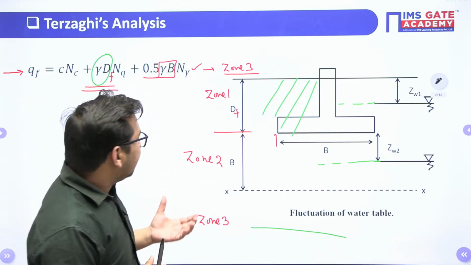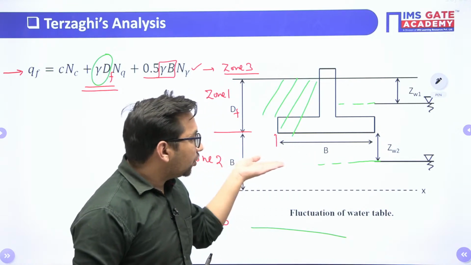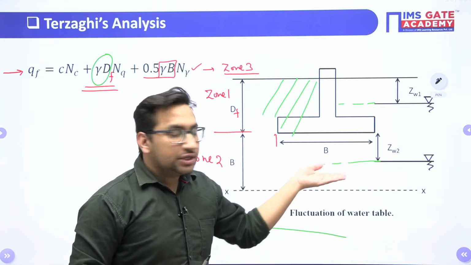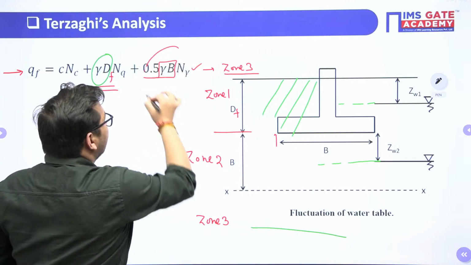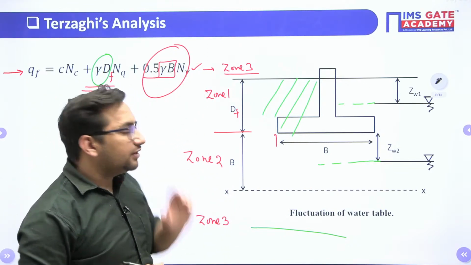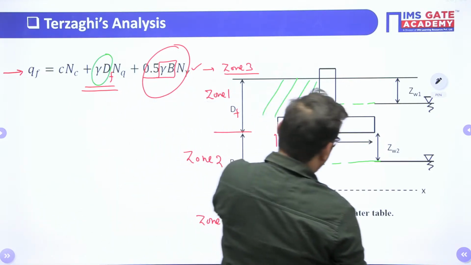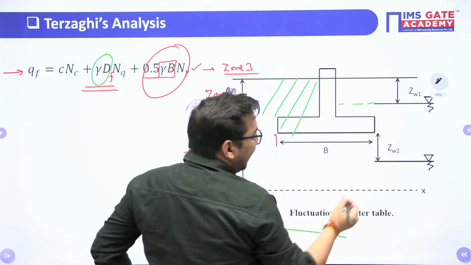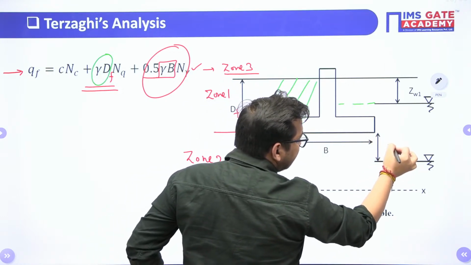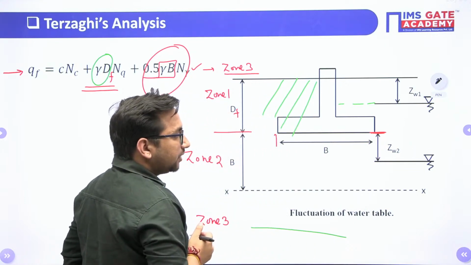Now you tell me, if the water table is in this zone number 2, my weight of soil is going to get influenced. Yes or no, right? So let's suppose I assume the water table is at a depth ZW2 from the base of the footing, right?